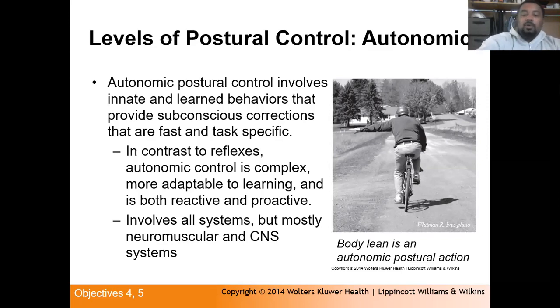For example, we have the man on the bike. Not everybody knows how to ride a bike, but if you've ever learned how to ride a bike and then rode for years, and then take a break, when you jump back on 20 years later, your body still knows the postural control and the innate learned behaviors, subconsciously, to keep you stable on a bike.